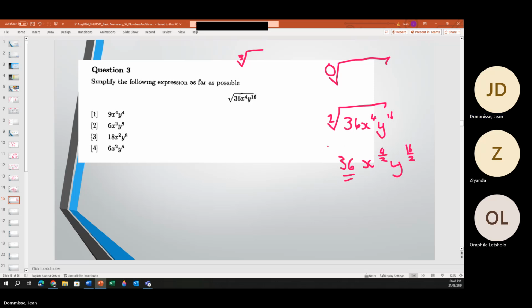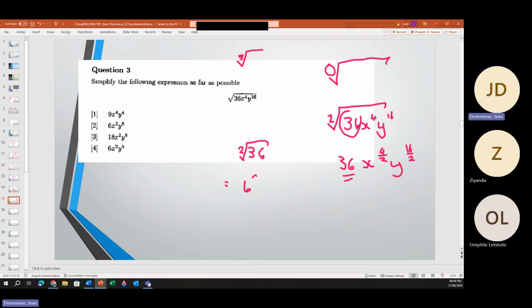So the thing that I would normally do is to say, okay, that 36 is also actually the square root of 36. So let's rewrite that. Again, you don't need to remember it. I use my calculator. I would ask, what is the square root of 36? And we'll see, okay, it's 6.